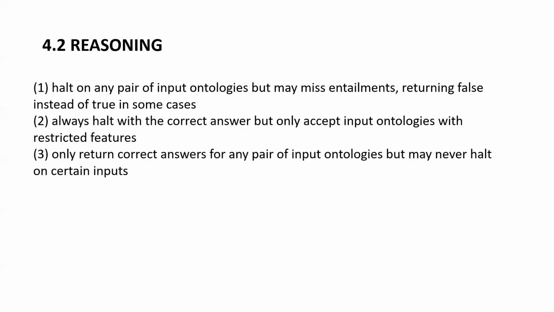Next is reasoning. With the definition of ontological features and interpretations above, given two graphs, it is impossible to determine whether the first graph entails the second graph. There can be no definitive algorithm that halts for all inputs, but practical reasoning algorithms for ontologies do exist.